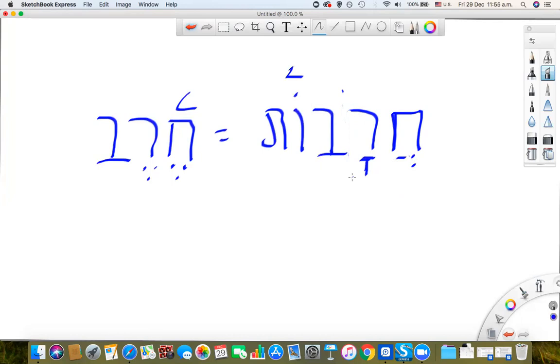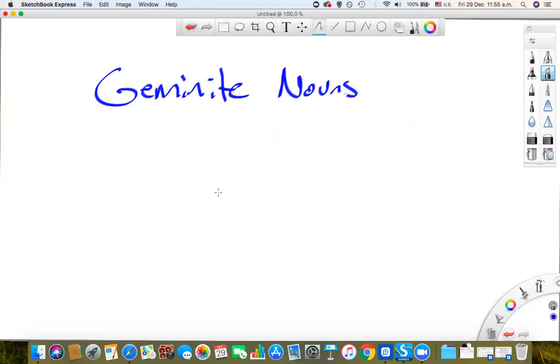Okay, now the last one are geminate nouns. These nouns will usually have 2 consonants in them, but originally they had 3, and so it might have looked like this. It had 3 consonants in them.